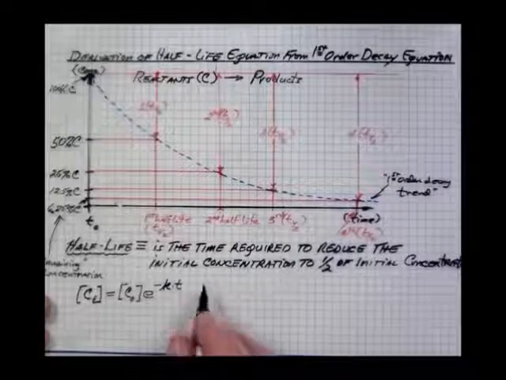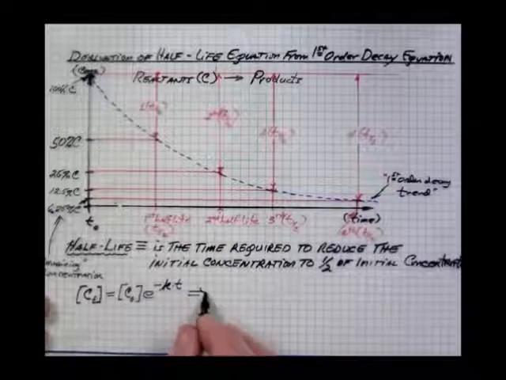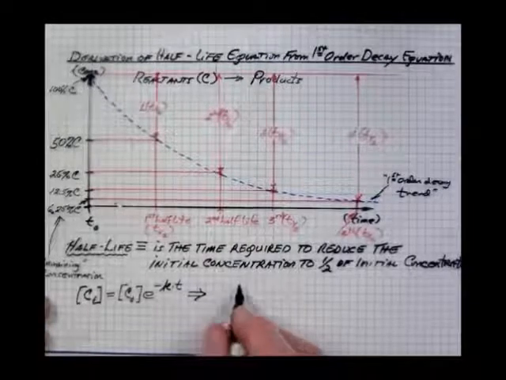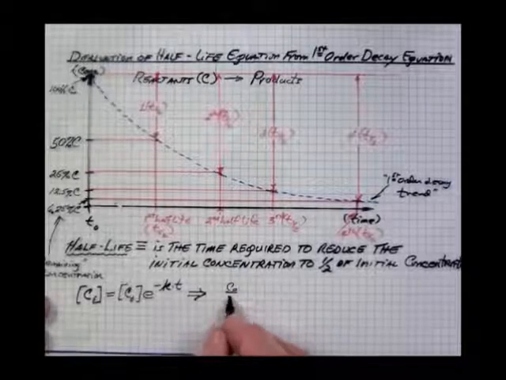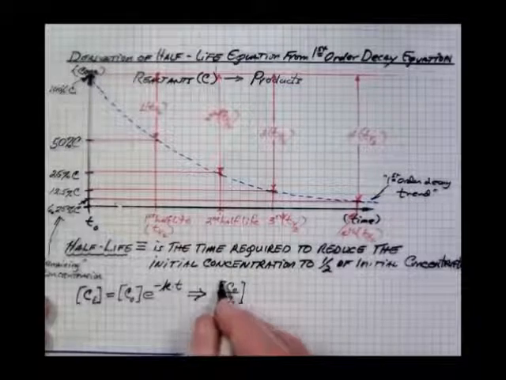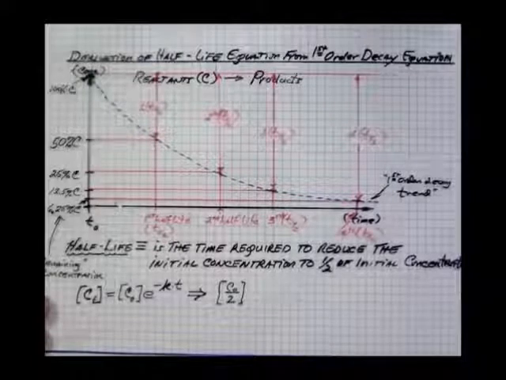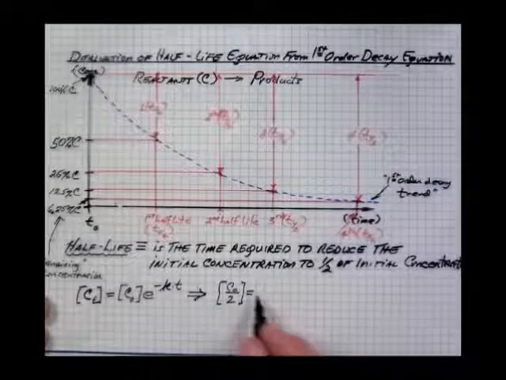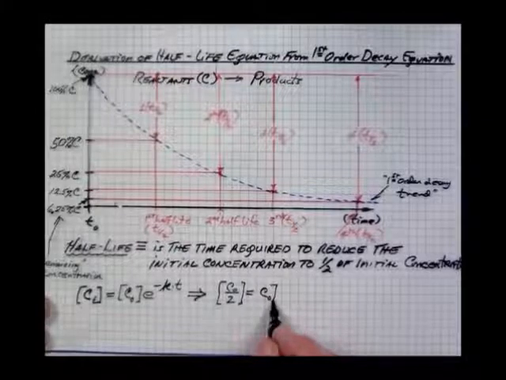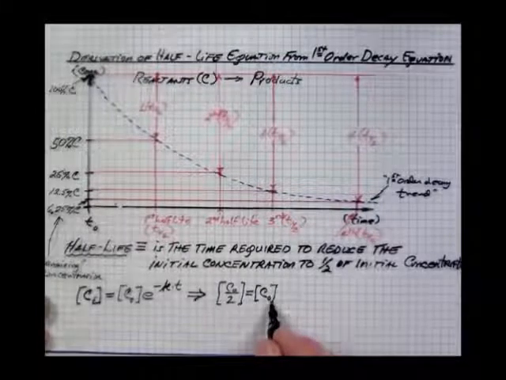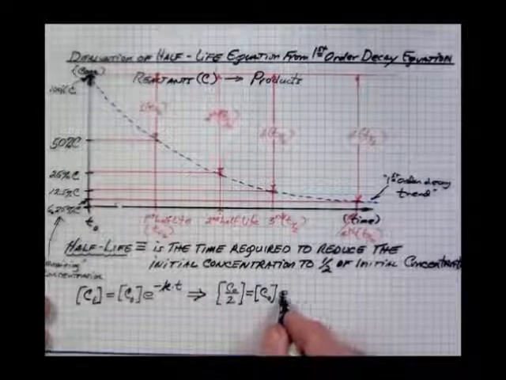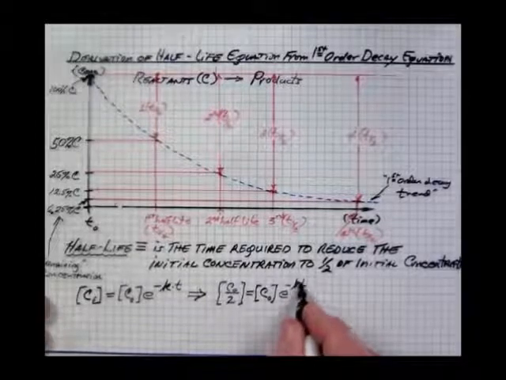So C final is now C sub O over 2, half of the initial concentration.